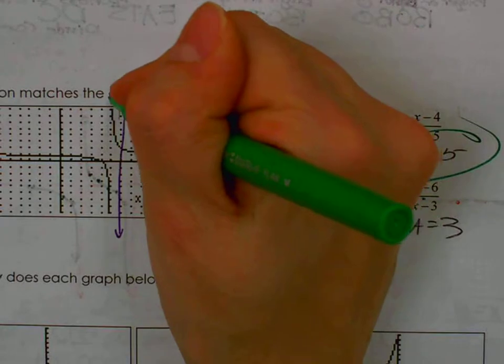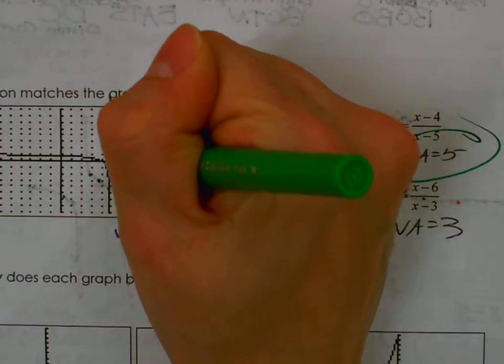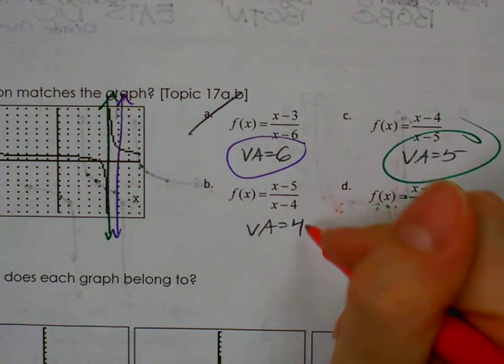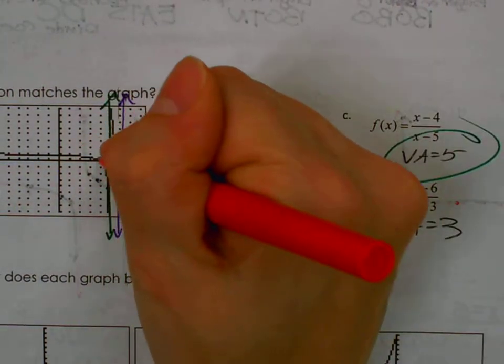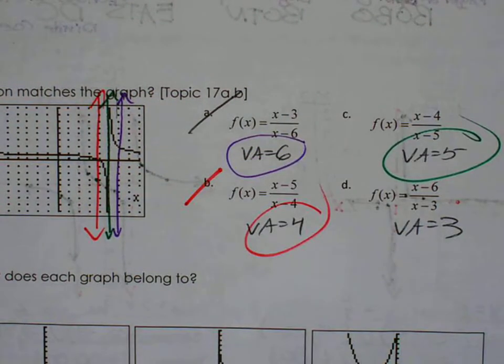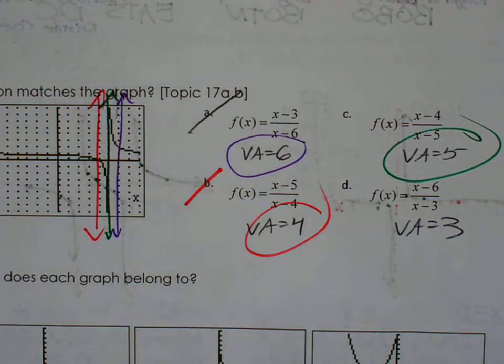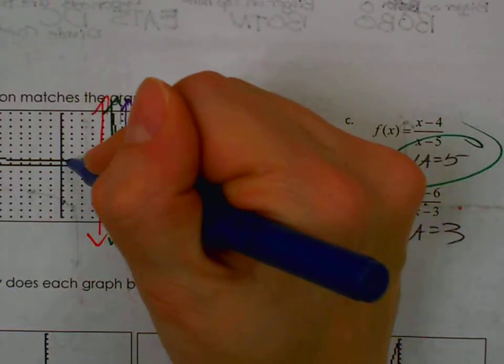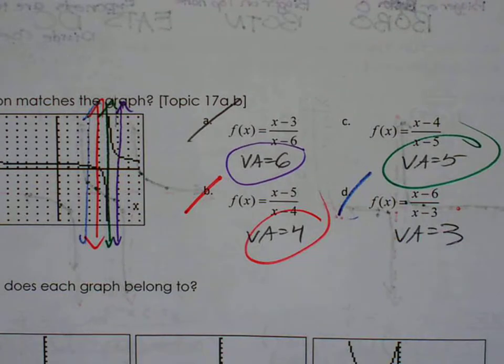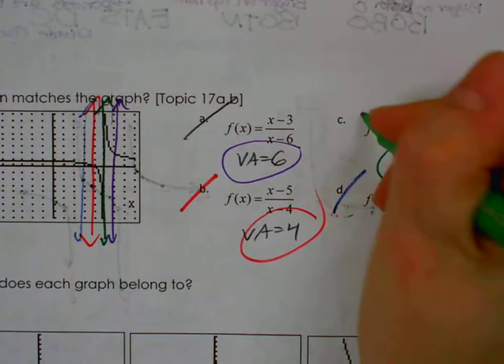So 5 is right here. That one looks like it could be it. Let's look at 4. 1, 2, 3, 4. Definitely can't be 4. 4 is going right through, so it's not 4. And then my last one, let's see where 3 is. 1, 2, 3. Yep, can't be that one either. So yes, my answer is vertical asymptote at 5, which is C.